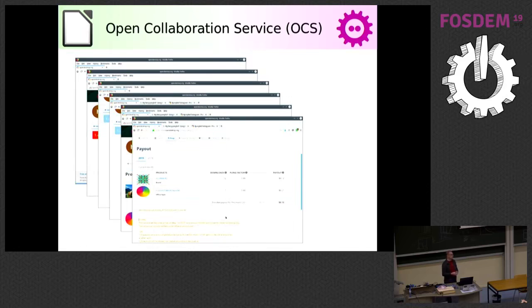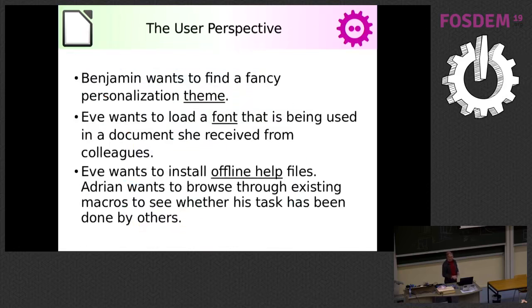It also has a cool feature that is relevant from the user perspective. User means, how do you get the extension? How do you download? Typically you have a couple of requests. In this case, I listed a theme. Maybe you also want a new font, or you want to download the help files.